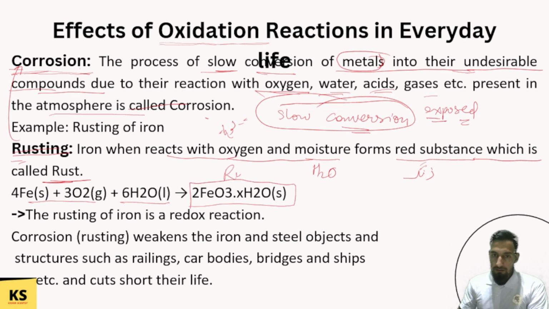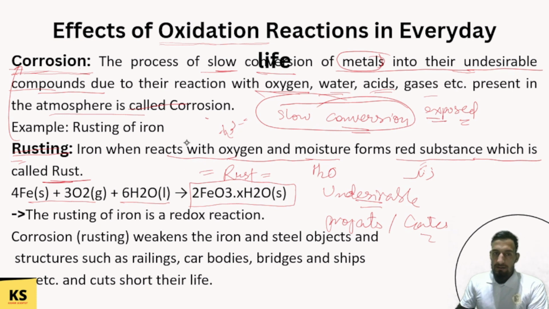This gives us the rust, and this is undesirable क्योंकि हमको ये नहीं चाहिए होता है, क्योंकि हम नहीं चाहते कि हमारे इस कोरोजन या रस्टिंग की वजह से हमारे जो प्रोजेक्ट्स हैं या ब्रिजेस हैं और घर के जितने भी गेट्स और anything else वो खराब हों.